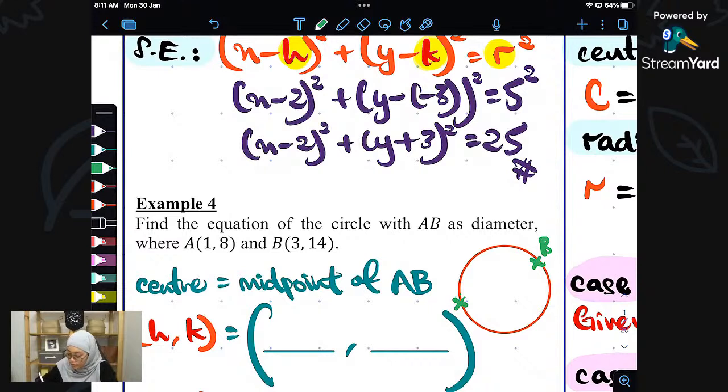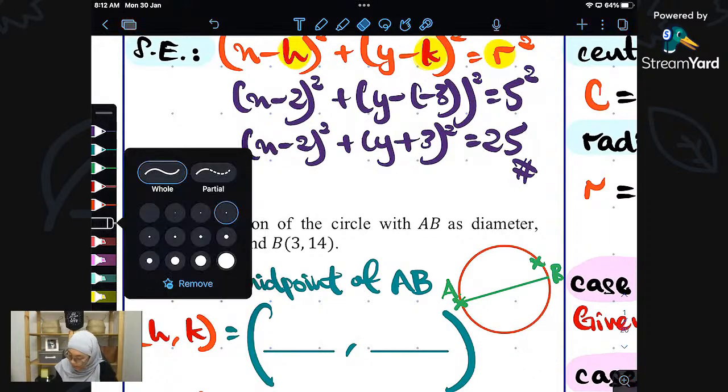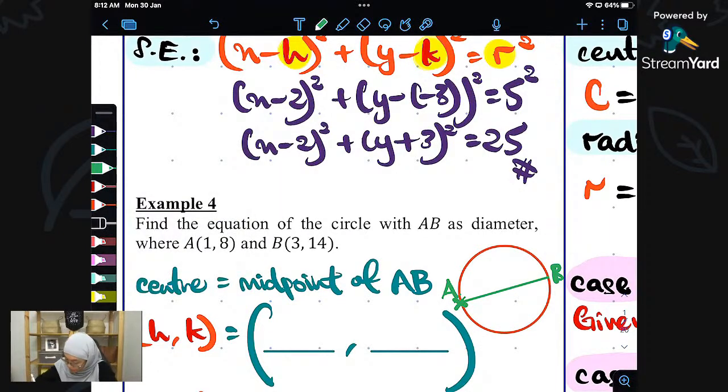You just randomly label it, as long as you know that this is the diameter. You understand what I'm saying? I mean, as long as you know that the center is in the middle of the circle, and you know the meaning of diameter, which I believe you know.